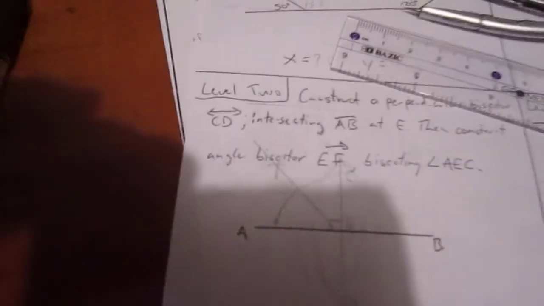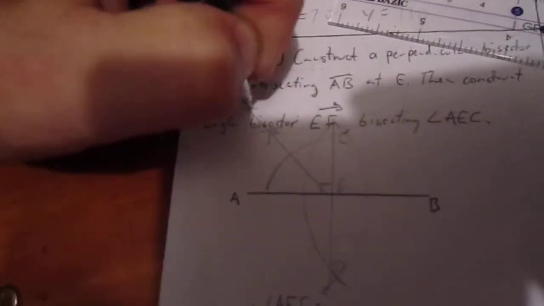And then, if you look at this intersection, we line up to that intersection and finish the construction. And bisecting that angle, so we should end up with F here, and the measure of angle AEF should be 45 degrees. Which it most likely is.